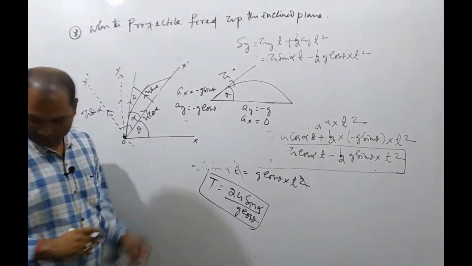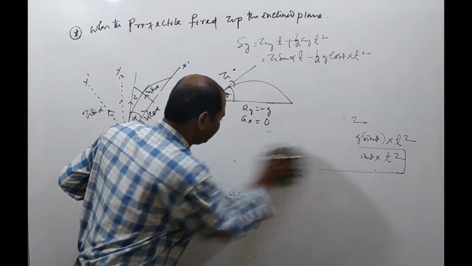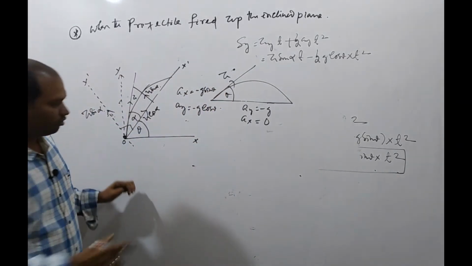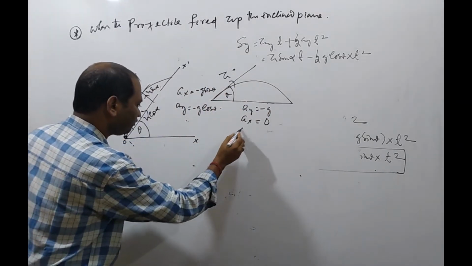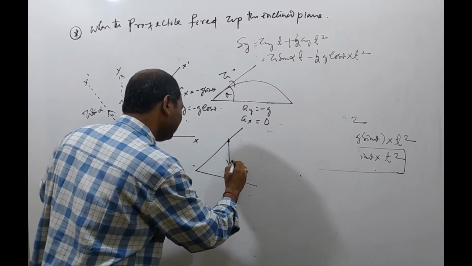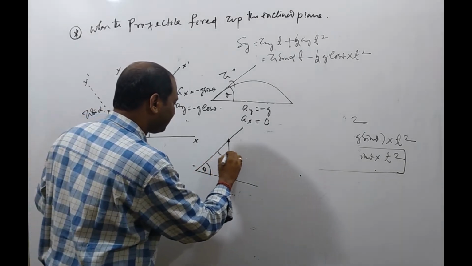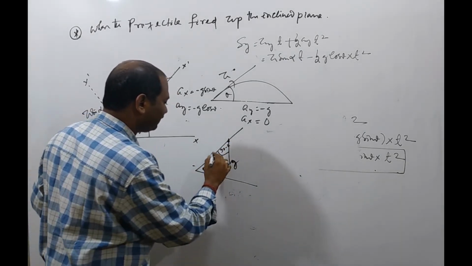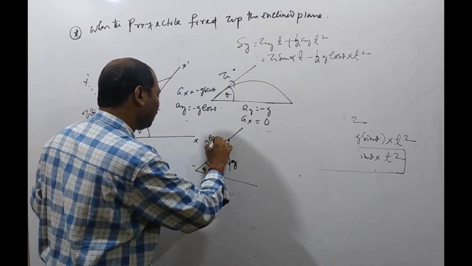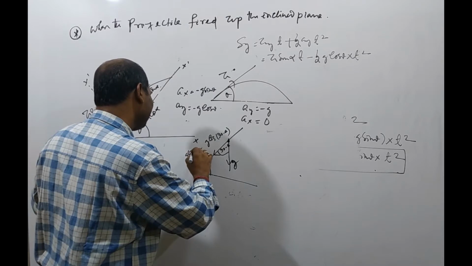How did it become minus g cos theta and minus g sin theta? Here you see, this is g. This angle is theta, this angle is 90 minus theta, so this will be g cos of 90 minus theta, that equals g sin theta.